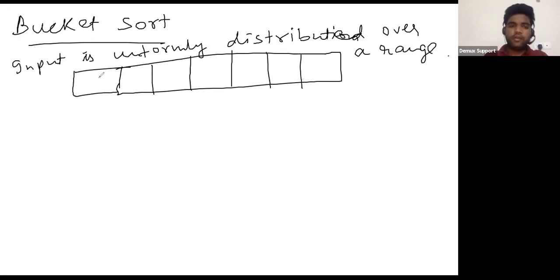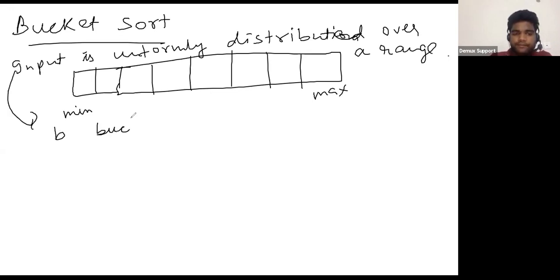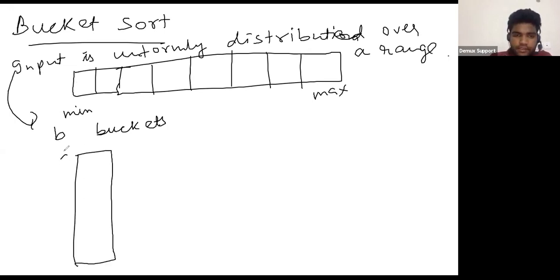So what we do in bucket sort is we create, so the range is, let's say, this is the max number, this is the min number. Let's say I want to create B buckets. So I will have an array, 0 to B minus 1. These are my buckets.